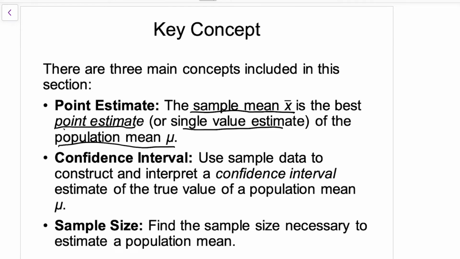Our confidence interval, again, will be built to try and encapsulate where the true population mean is. Then, if we want to design a poll or some sort of question, we'll be able to find the number of people necessary to estimate the population mean correctly.